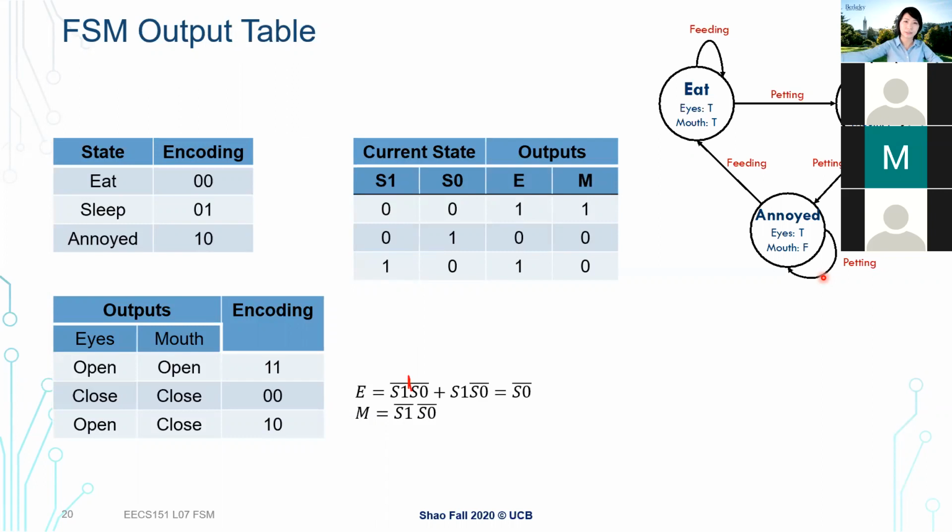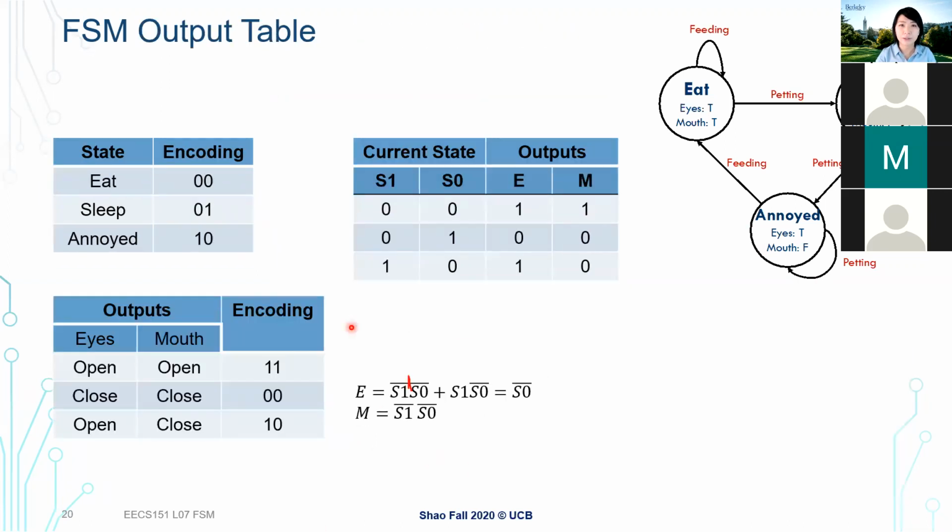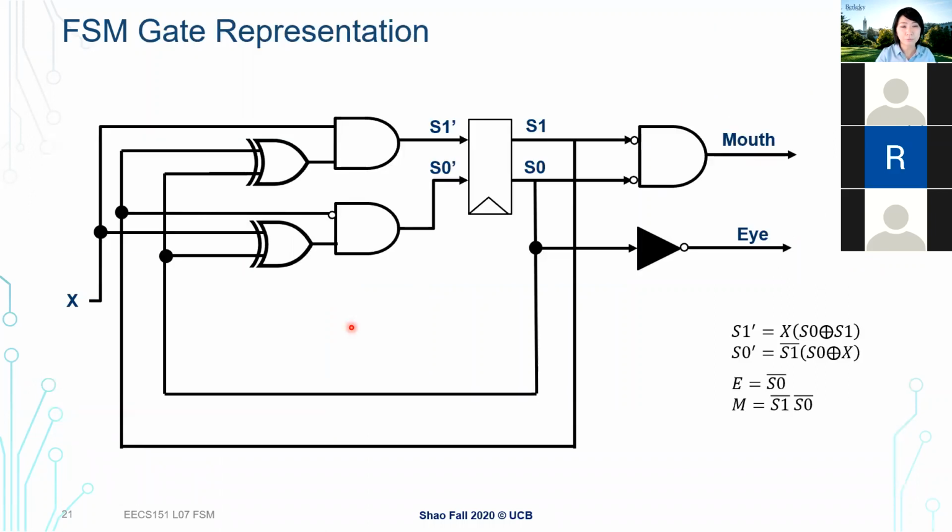And then the 3rd representation is basically the gate level representation, right? How this can be turned into a circuit. So once we have our output expression, and also our next state expression, we can build this cat brain, this finite state machine of the cat brain, in hardware, in gate level representation using fundamental logic gates.